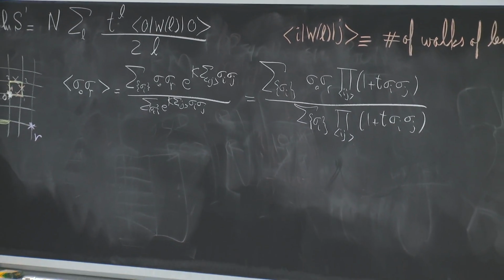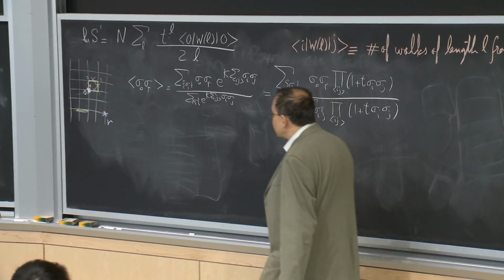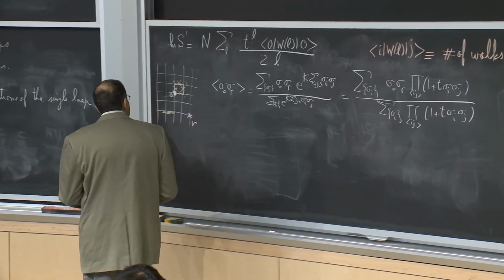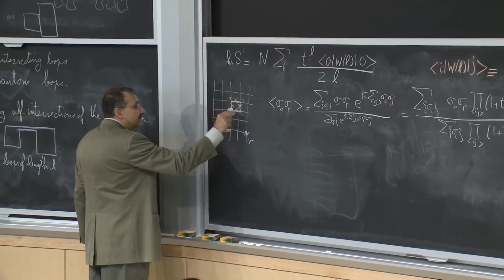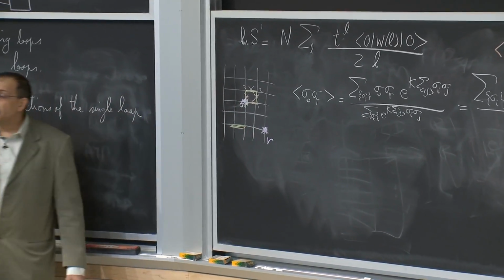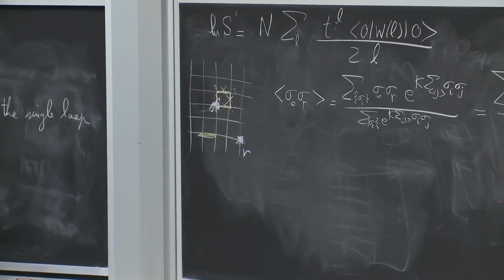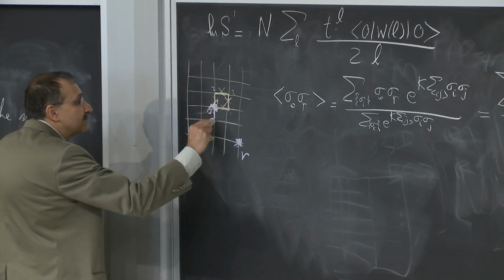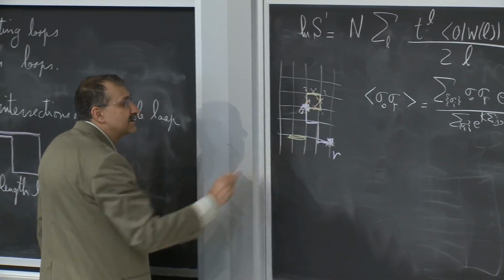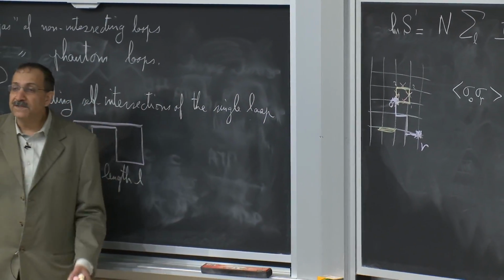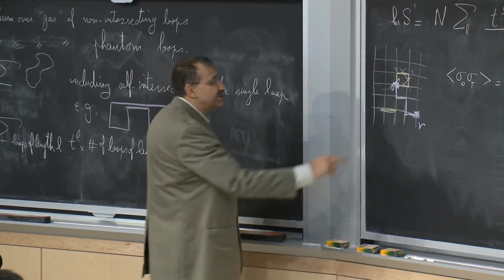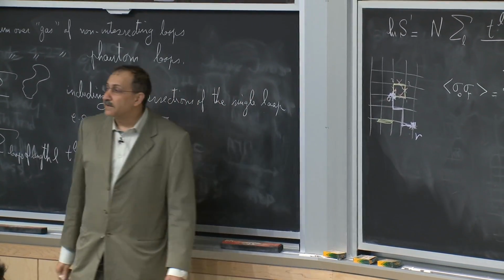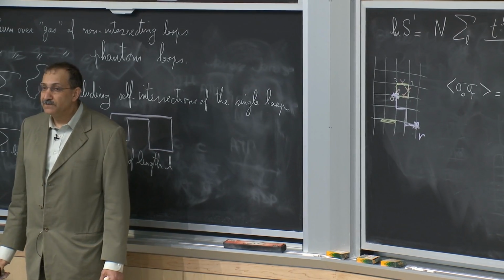And the difference between the numerator and the denominator is that I have an additional sigma sitting here and an additional sigma sitting there, that if left by themselves will average out to 0. So I need to connect them by paths that are composed of factors of t sigma sigma, originating on one and ending on the other.